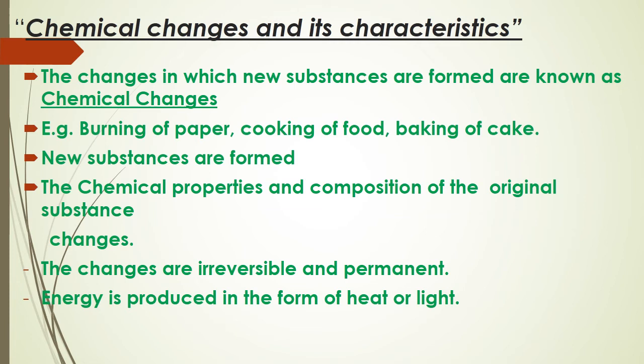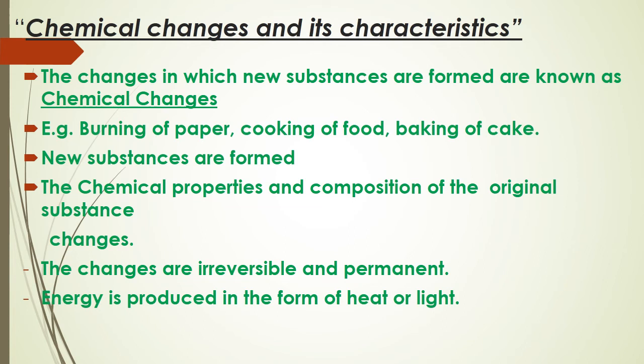Okay, for example, if we take the example of cooking of food, on reversing the conditions, we cannot get back the original raw products. Okay, and these changes are irreversible and permanent, because even on changing the conditions, the original substance cannot be obtained back. Okay, and the energy is always produced in the form of heat or light.